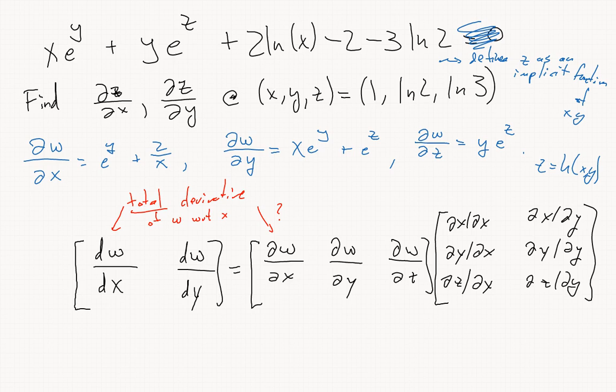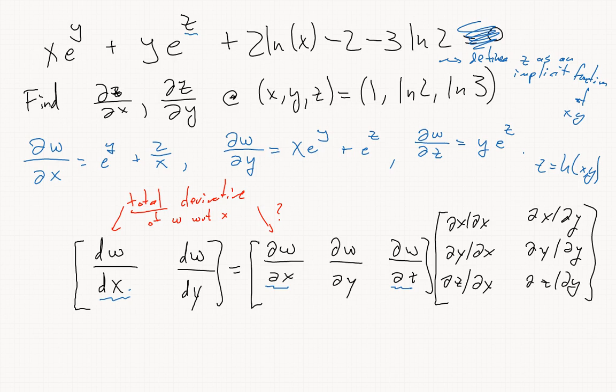And in that case, the inputs to w from x are not only coming from the variable x, they're also coming from the variable z. So dw by dx will account for the contributions to w coming directly from x, but also coming through z, which in turn is a function of x itself.